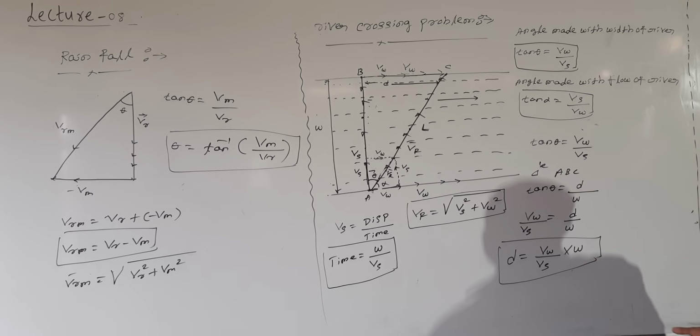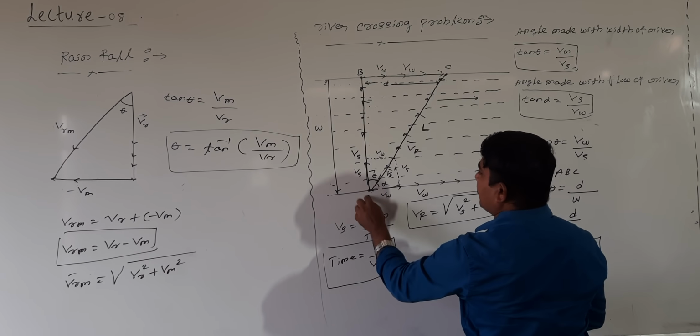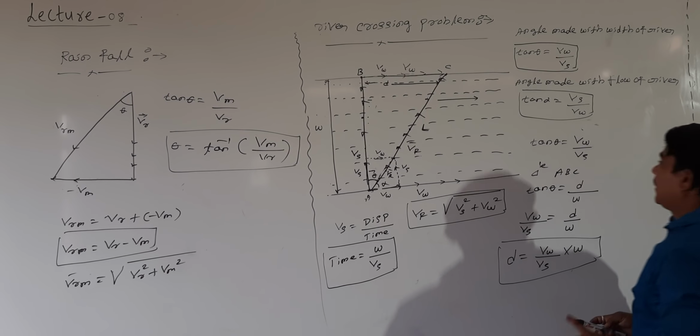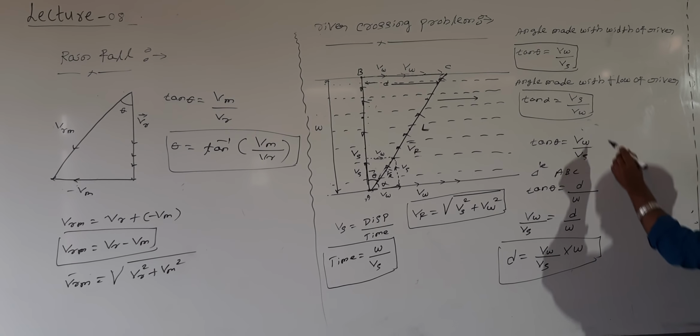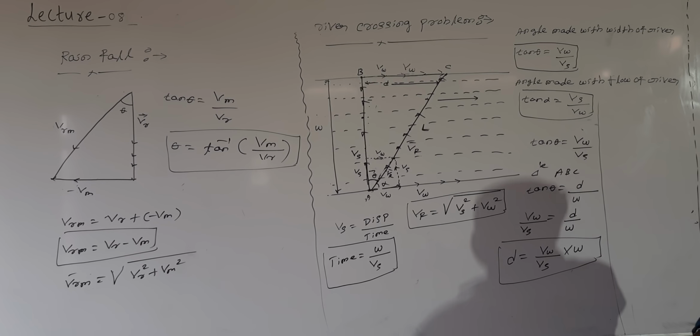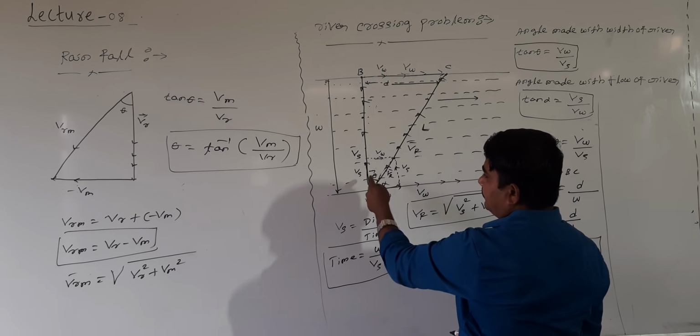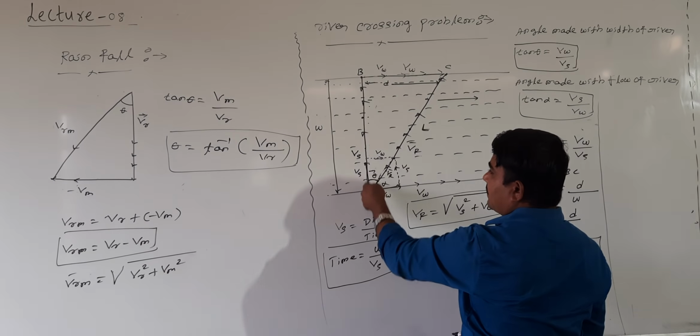See here, again I will use both triangles. This one looks like one triangle, and this one looks like the same triangle. I will take cos theta now. In the smaller triangle, what is cos theta? Adjacent by hypotenuse.